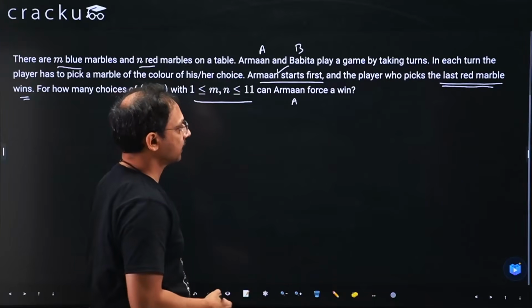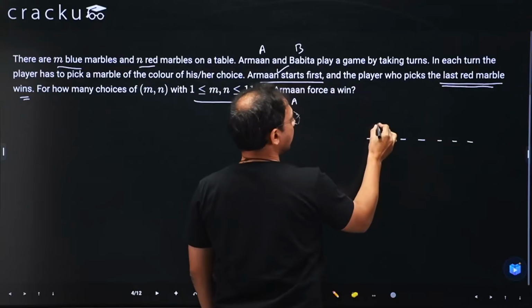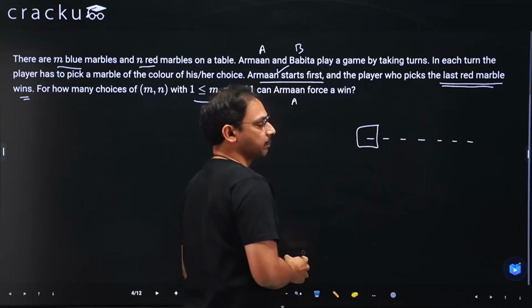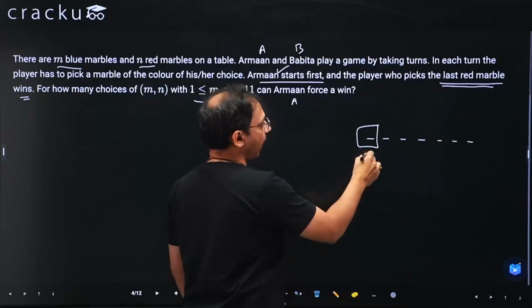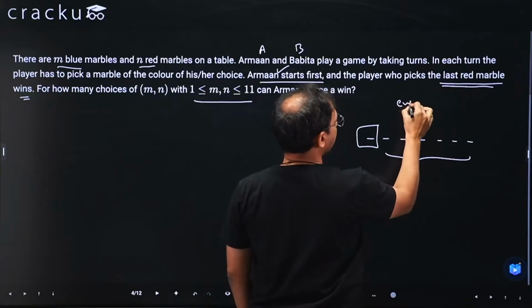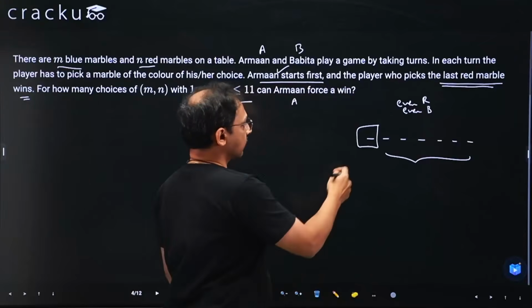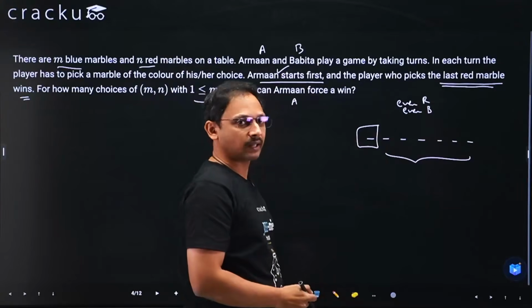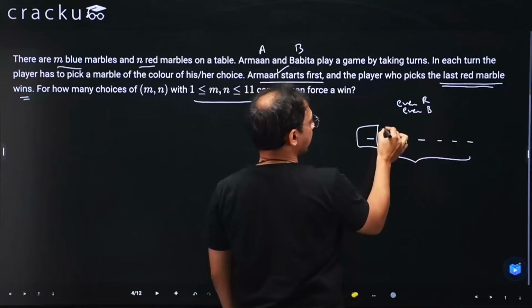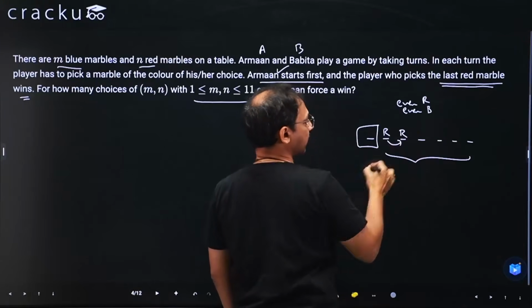Now please understand here. Let us say this is the first player picking one marble. After this, if I have an even number of red marbles and an even number of blue marbles, the guy who is picking next will always lose, because if he picks red, the first guy will just copy him.